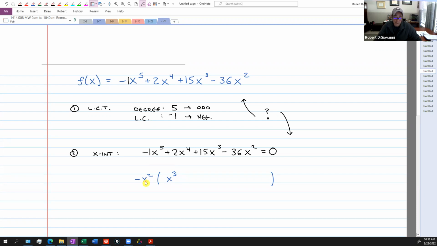So I pull a negative x squared out of each of these. That has the effect of changing all the signs. This used to be negative, now it's positive. This positive 2 now becomes negative 2. And how many x's did I pull? I pulled 2 of them, so I'm left with x squared.